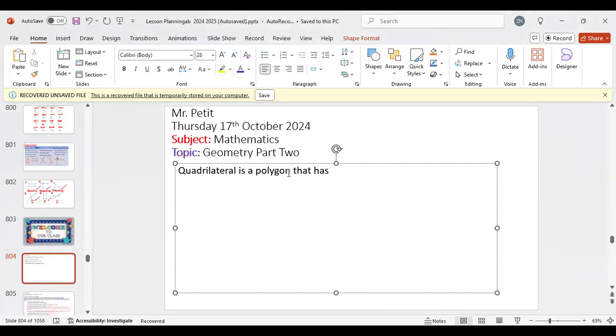Yes, sir. A polygon that has four sides. Just like tri means 3, quad typically means 4. So a quadrilateral is a polygon that has 4 sides. They don't have to be 4 equal sides, but just 4 sides.